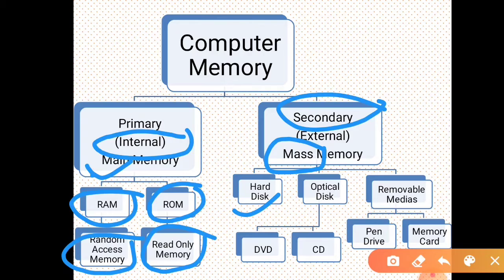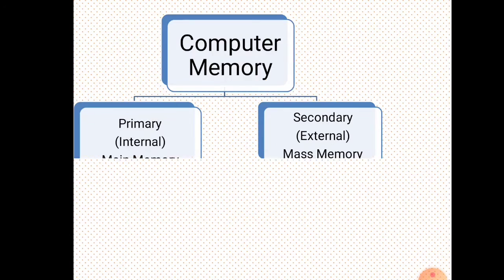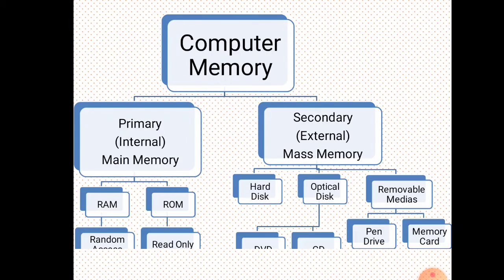Suppose you want to carry your data, then you can carry it with different optical disks like DVDs and CDs. Nowadays we are also using removable medias, that means pen drives and memory cards. You can use different types of devices to store your content.